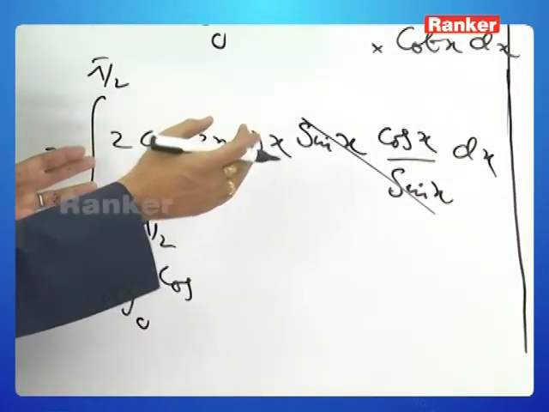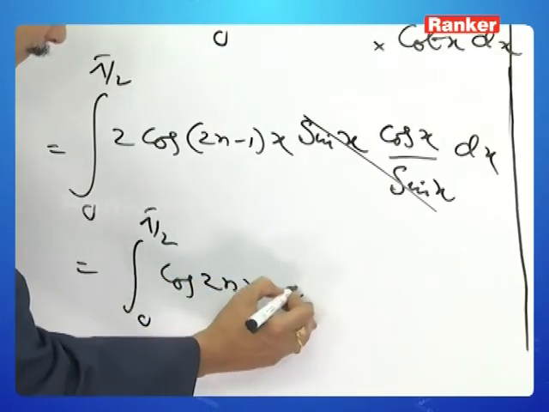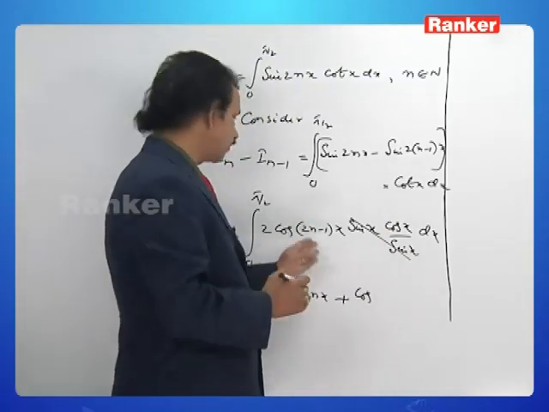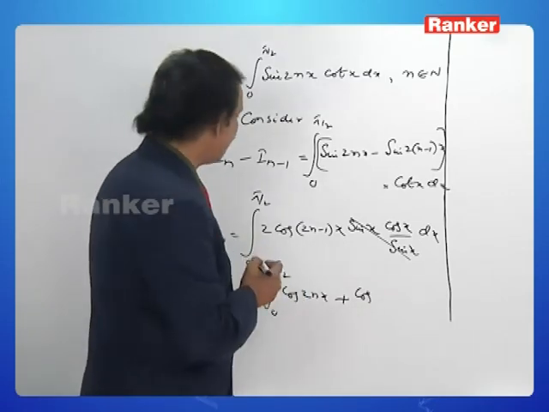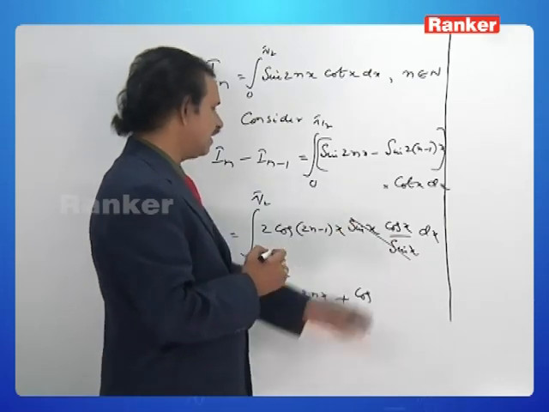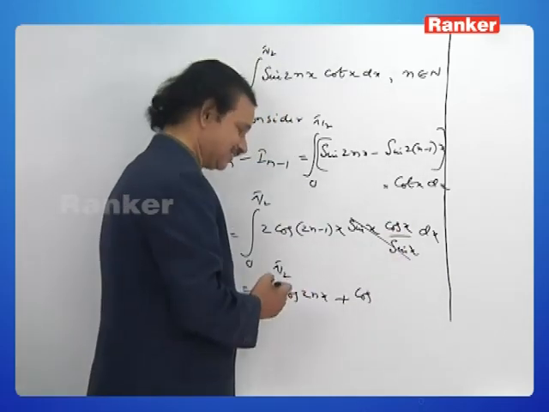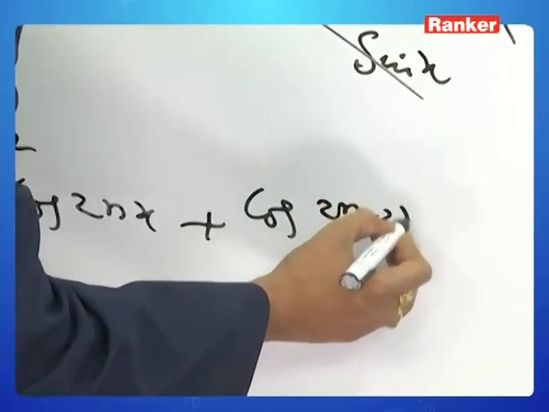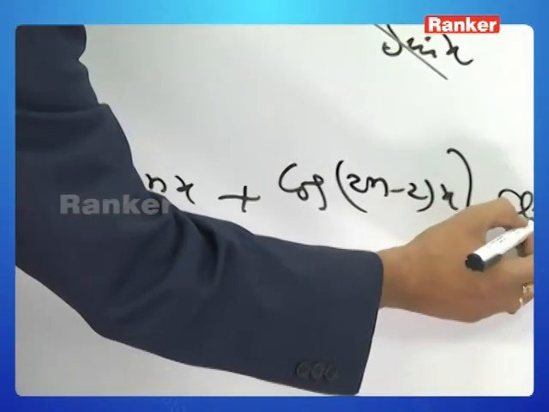If you get x out, 2n minus 1 plus 1 is 2n x, plus cos of a minus b: 2n minus 1 x minus x. That is 2n minus 2 into x, dx.